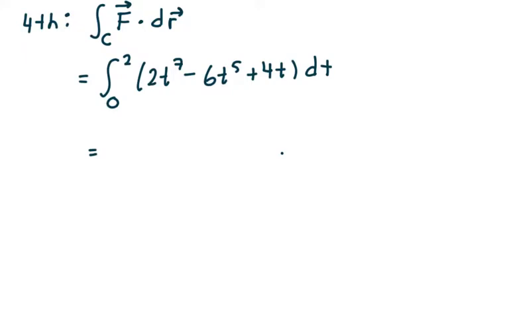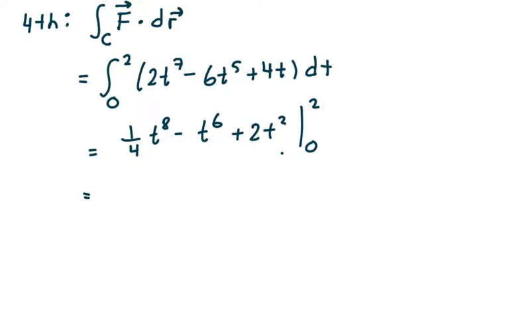And so this is equal to 1/4 t to the 8th minus t to the 6th plus 2t squared. And we're going to evaluate from 0 to 2.